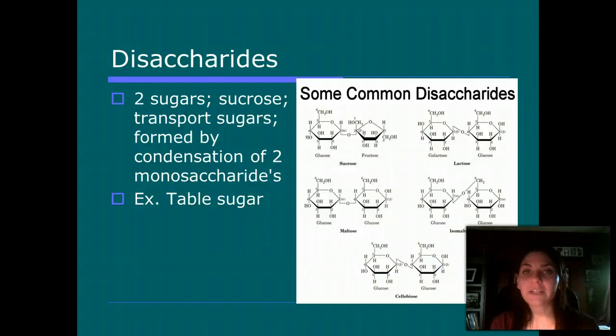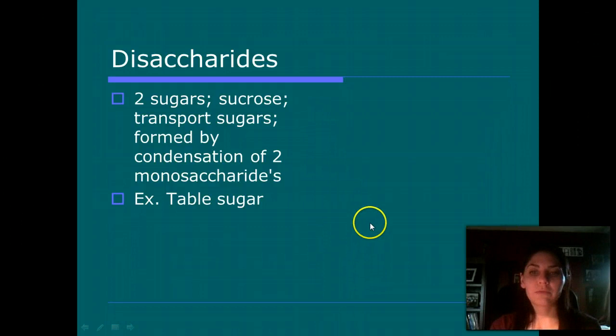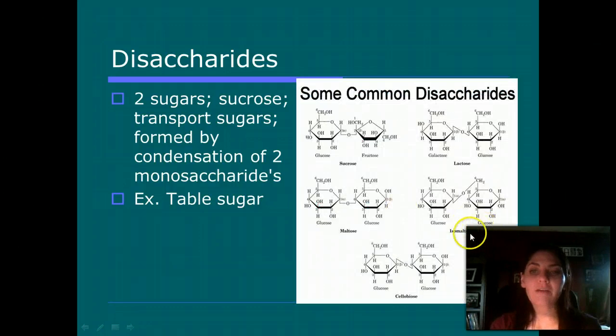These are some common disaccharides. We have sucrose, lactose. If this sounds familiar, it should, because lactose is the sugar that's found in milk. We have maltose, we have isomaltose, and we have cellobiose.